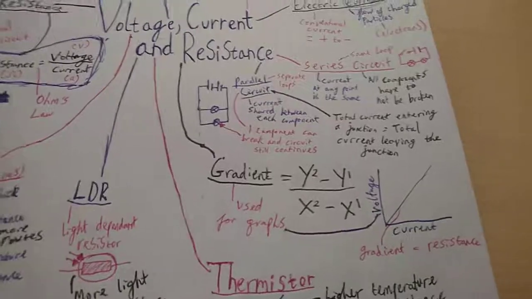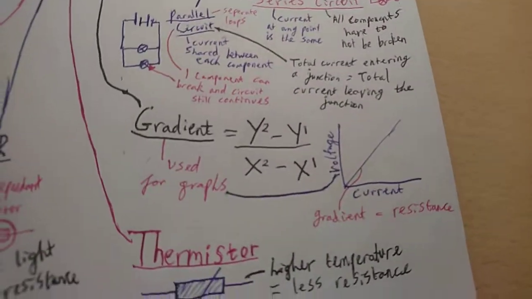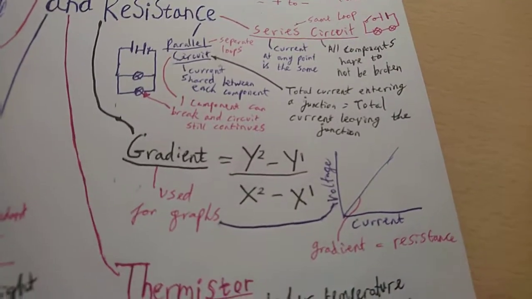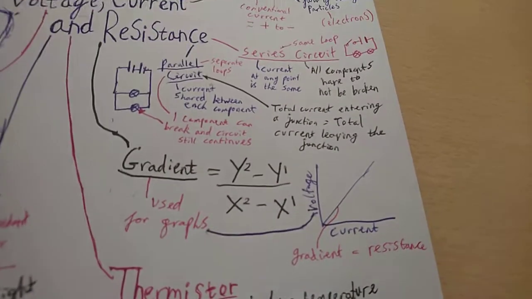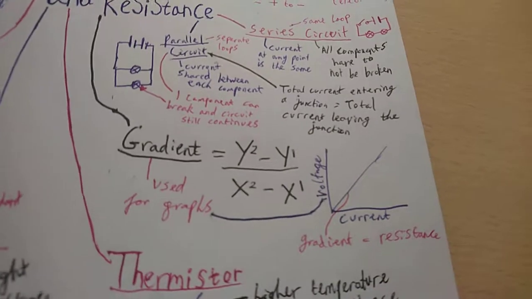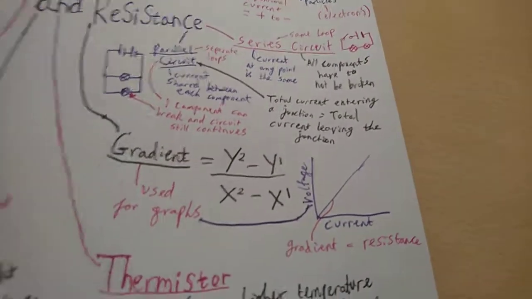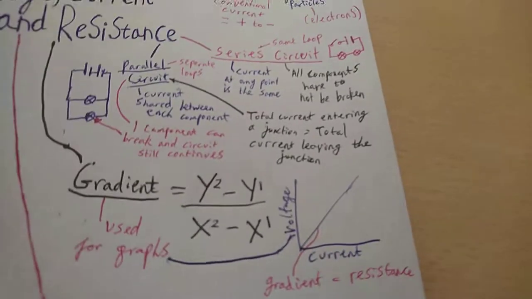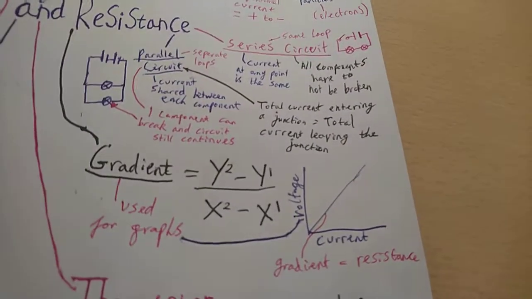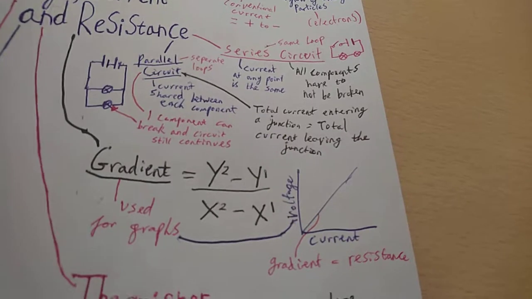So resistance. Well, that was over there. I was just reading that. Gradient. Gradient is used for graphs. So y2 minus y1, that's the second value of y minus the first value of y, so the final value minus the initial. And the same for x. We divide it, which gives you the gradient.